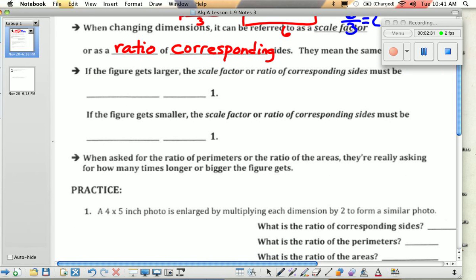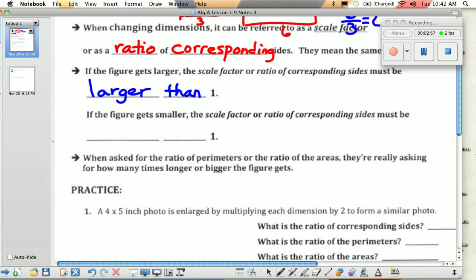Okay, well if the figure gets larger, then the scale factor or the ratio of corresponding sides better be what compared to 1? What'd you say, Brighton? Big. It better be larger than, yeah, it better be bigger than 1. For the figure to get larger, you better be multiplying by something bigger than 1, larger than 1.